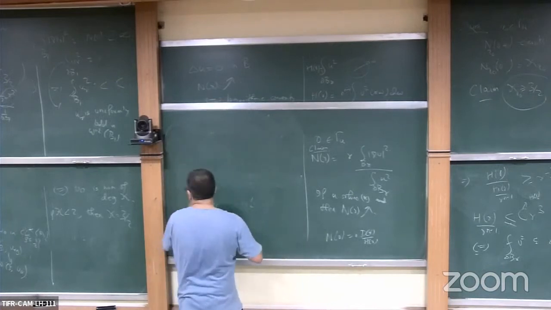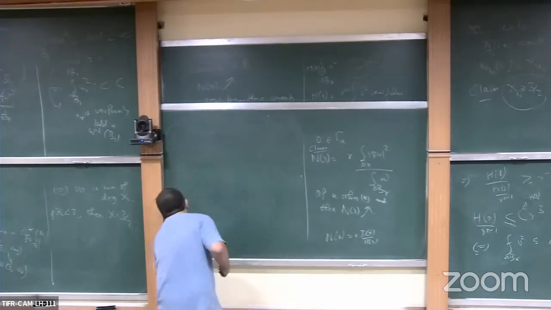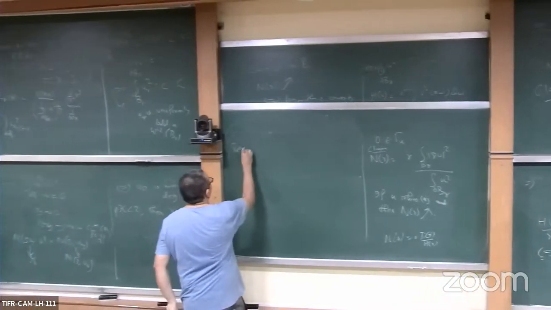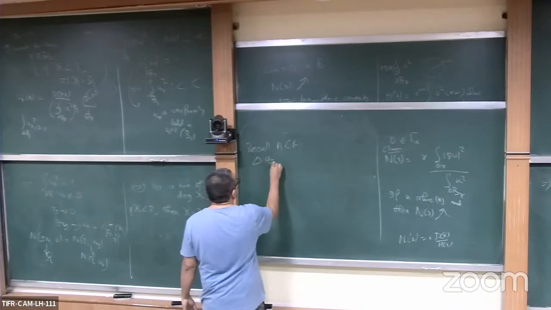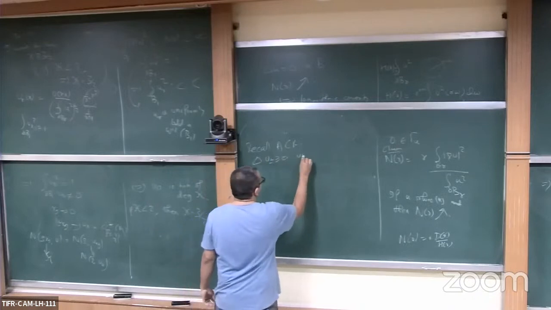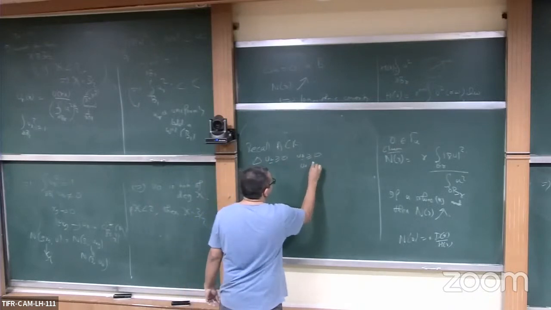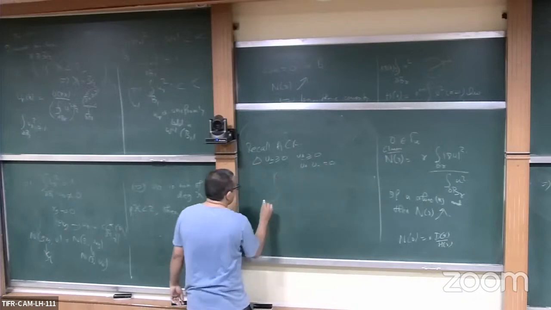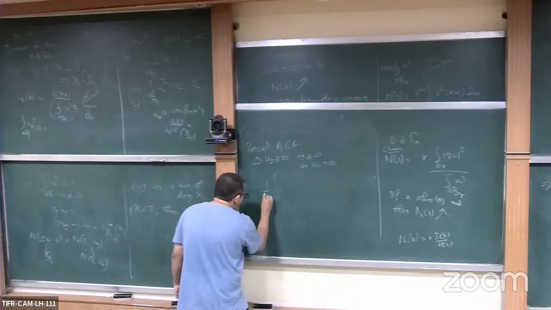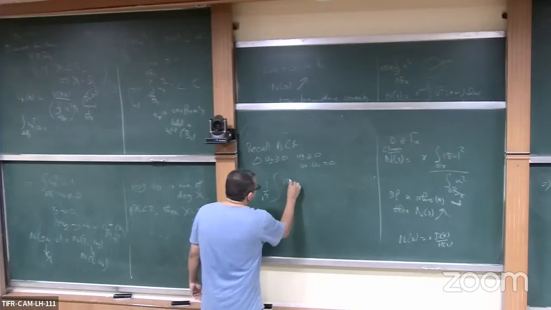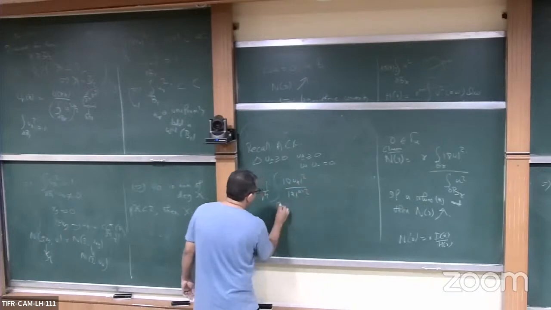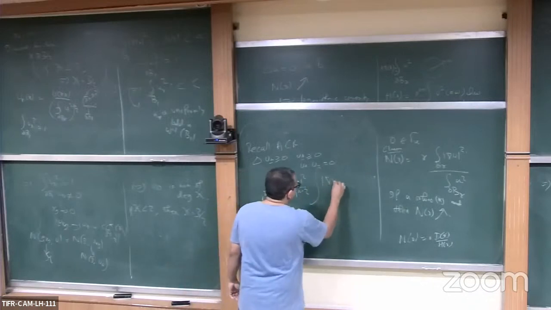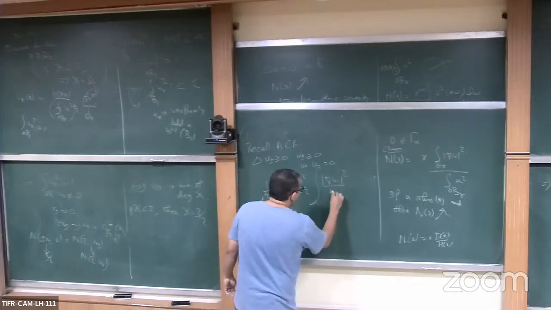So now I recall the Alt-Caffarelli-Friedman monotonicity, ACF. If you have u plus and u minus bigger than or equal to 0, with u plus times u minus equal to 0, then if you look at this quantity, which is 1 by r to the 4 of the integral over Br of grad u plus squared over mod x to the n minus 2, times the integral over Br of grad u minus squared over mod x to the n minus 2.